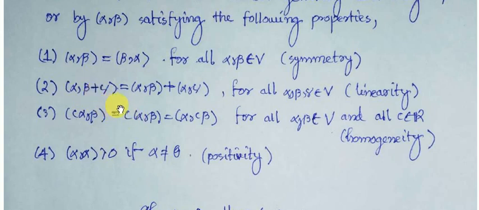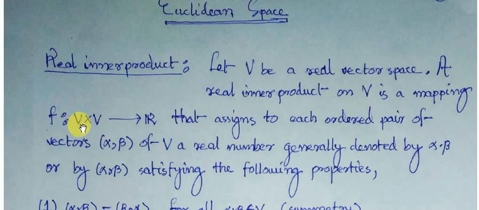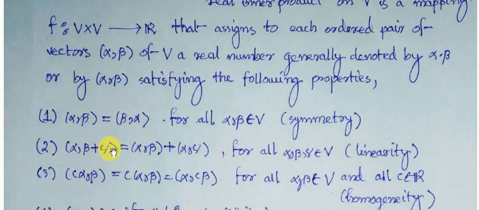So if we consider this element alpha comma beta plus gamma, under this function f, this will be converted into a real number.